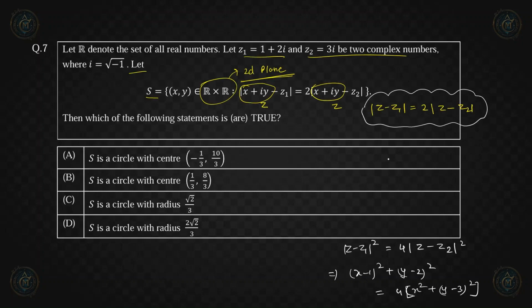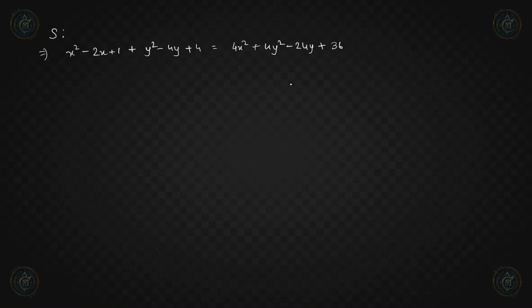So then the equation of the set S will be x square minus 2x plus 1 plus y square minus 4y plus 4 equal to 4x square plus 4y square minus 24y plus 36.